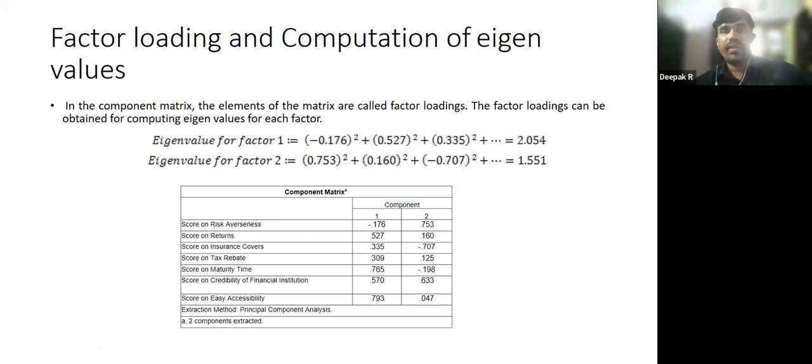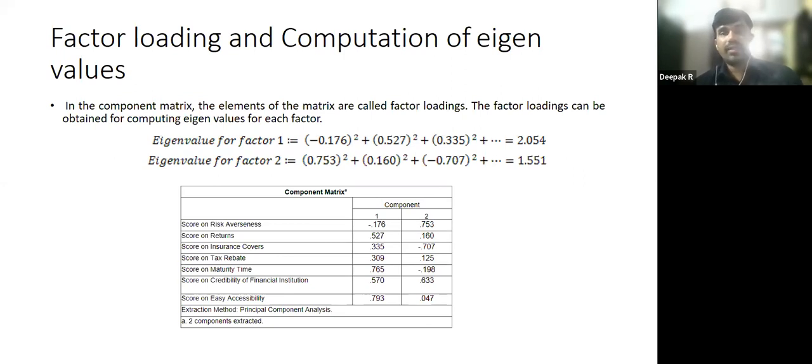Depending upon how many variables you have considered, each and every variable is able to explain a certain percentage of the variance. What we assume here is each variable will have an eigenvalue of 1. All we are trying to do is find the eigenvalue, and any factor having an eigenvalue of more than 1, we will consider as one of the factors.